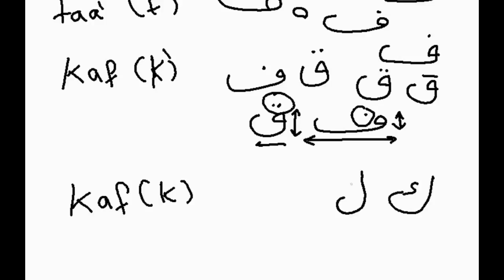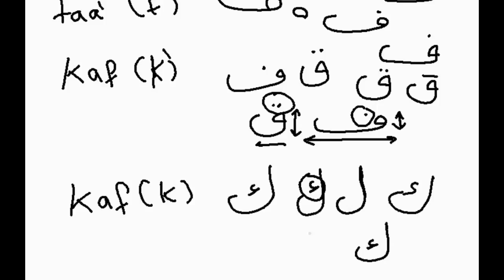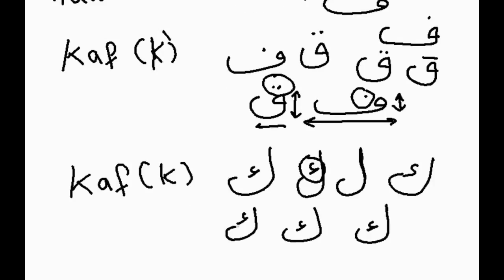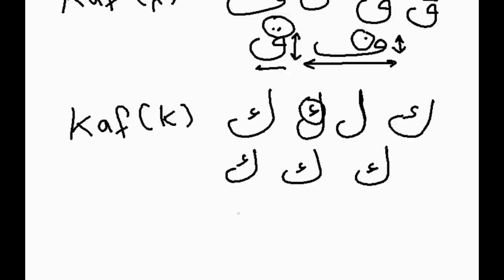It's written like a hook with a small ain in the middle of the hook, and that's kaf. This one is very tricky to recognize inside a word, but we're going to get to that in a moment.